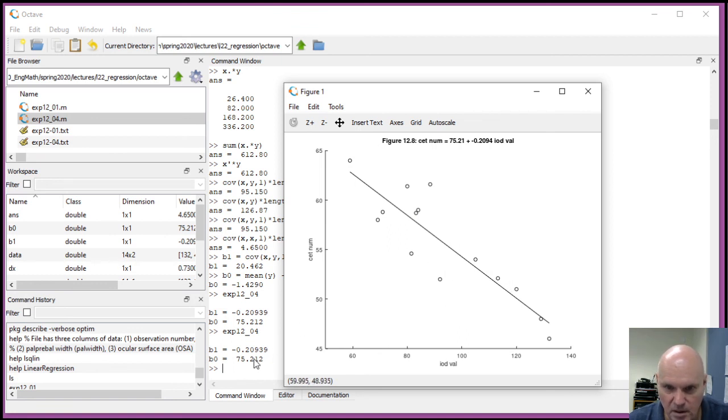It looks like there's a change from maybe 63 to 48, a change of 15 over about 70. So I'm guessing that gives me the 0.21 slope that I got from the calculations.